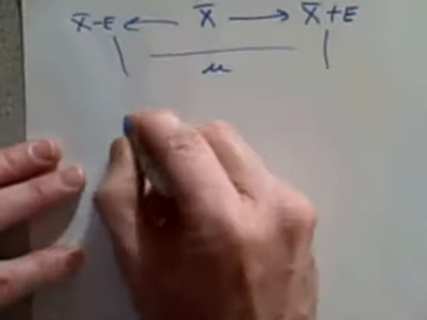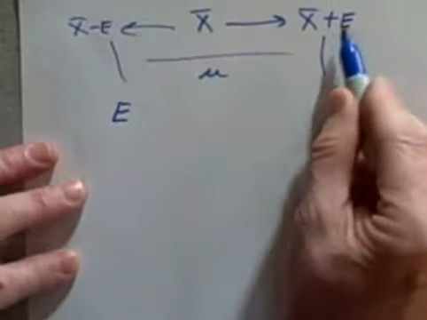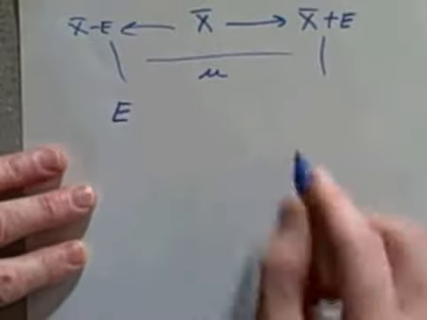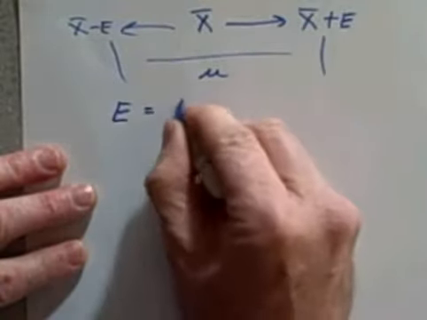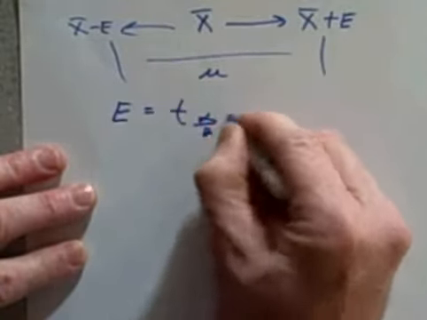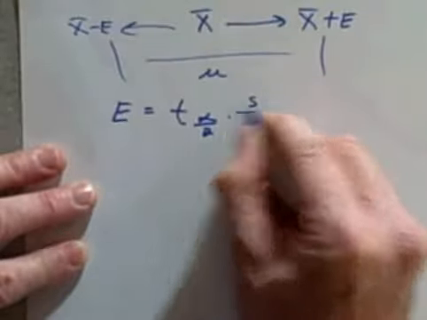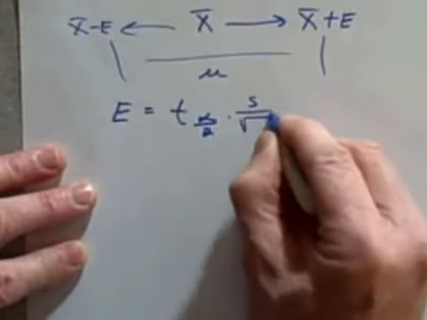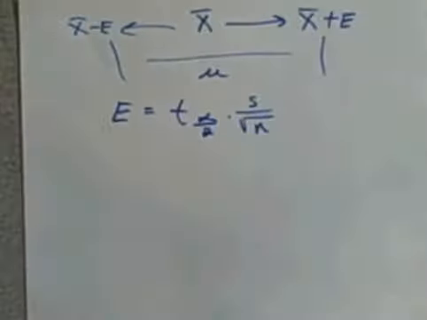Once again, in order to calculate that, I need to know what my margin of error, E, is. The formula is we use t sub alpha over 2 times the standard deviation of my sample divided by the square root of my sample size.